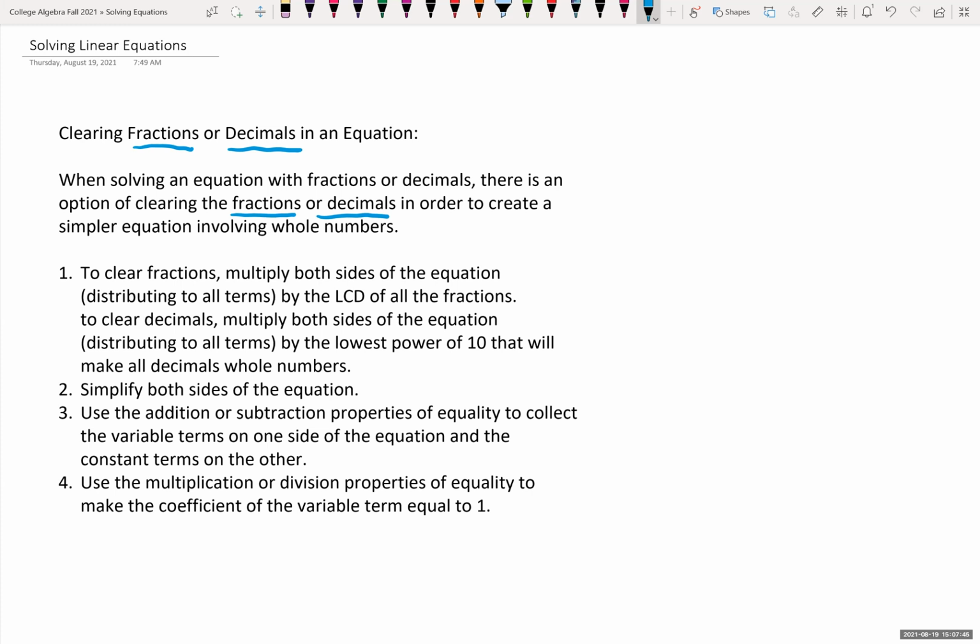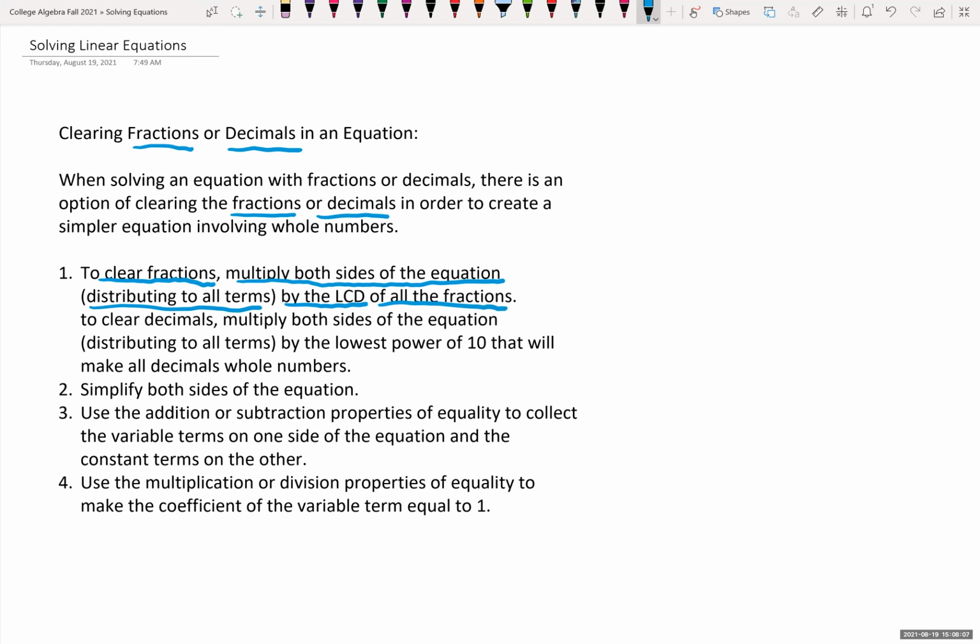If you wanted to clear the fractions, remember we looked at the denominators of all the fractions involved in our equation, and we multiplied both sides of the equation by distributing to all terms the LCD of all the fractions.